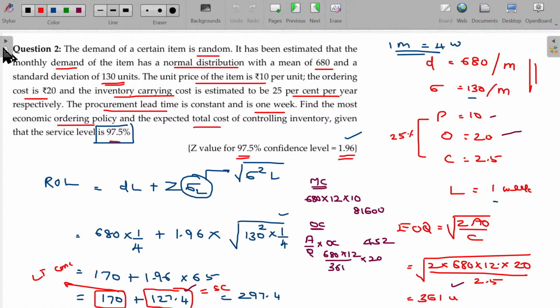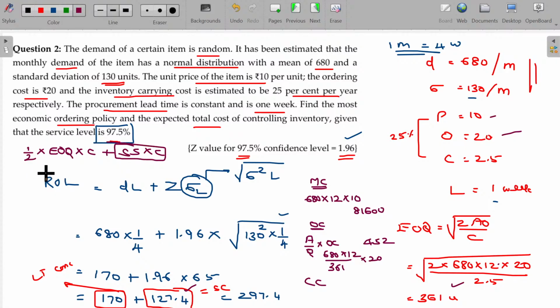So let's work it out here. For carrying cost, I work out separately: half into quantity ordered every time, which is called EOQ, into carrying cost, plus safety stock into carrying cost. You understand the logic of this one? This is separate. This is not applicable at the costing chapter level, right?